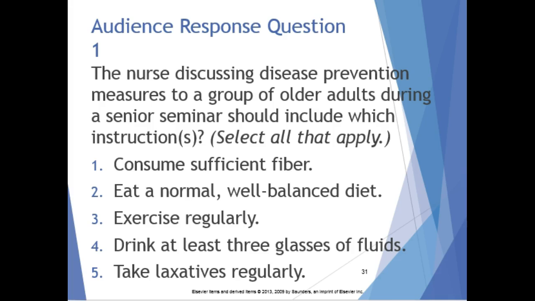Consume sufficient fiber, eat a normal, well-balanced diet, exercise regularly, drink at least 3 glasses of fluid a day, or take laxatives regularly. If you want to put this on pause and answer the question, we'll go over the correct answers in just a second. The correct answers would be 1, 2, and 3. 4 is not enough fluid per day, and 5, taking laxatives regularly, is a bad idea.